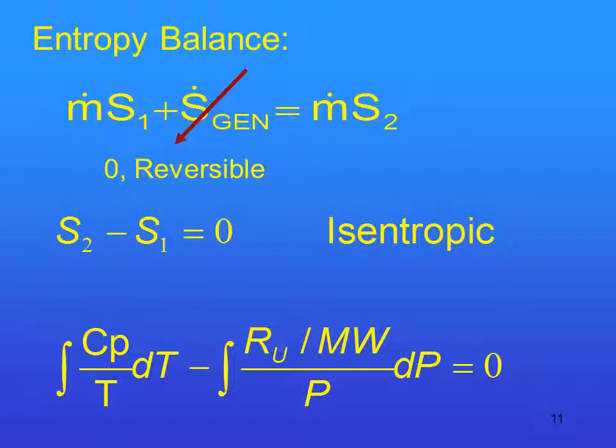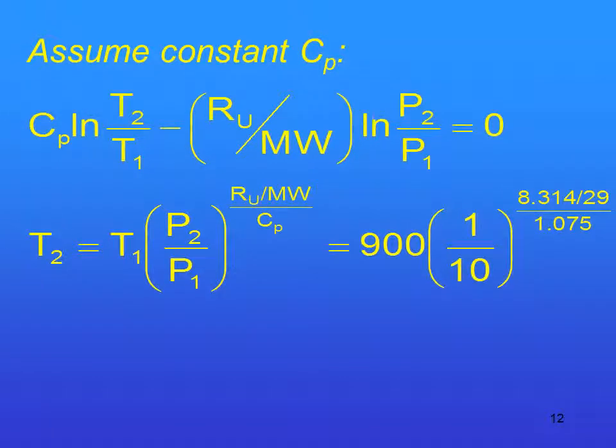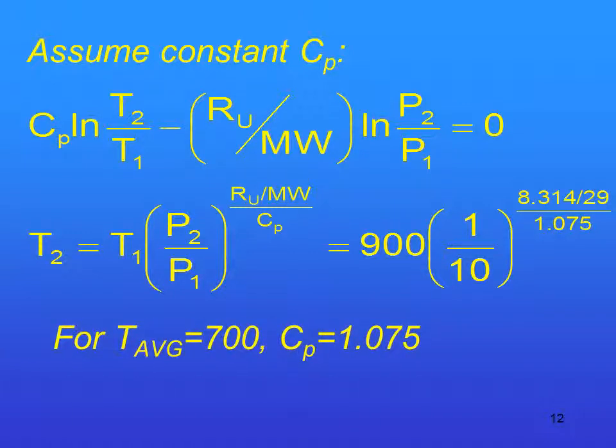Again, the same integrals we just did. Leads to, with constant Cp, T2 equals T1 times P2 over P1 to the exponent (K minus 1) over K, that is, 900 times 1 over 10 to this exponent.